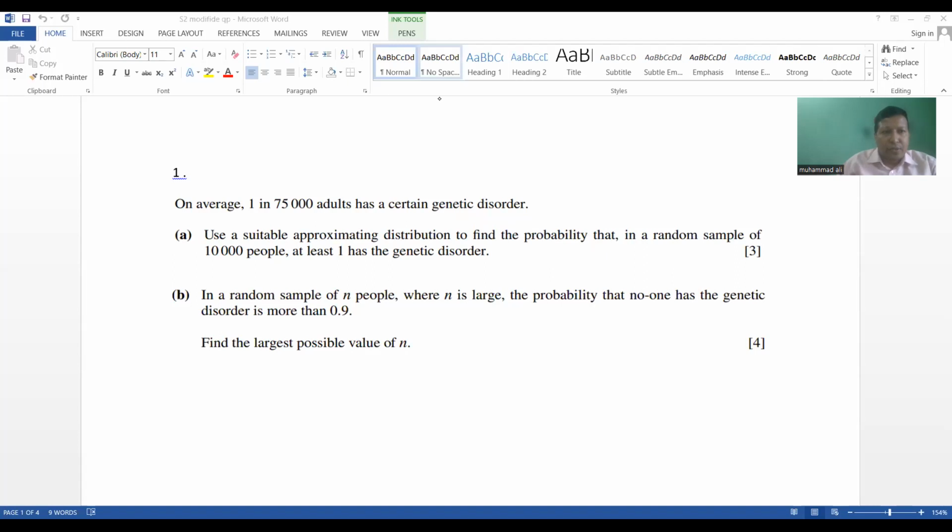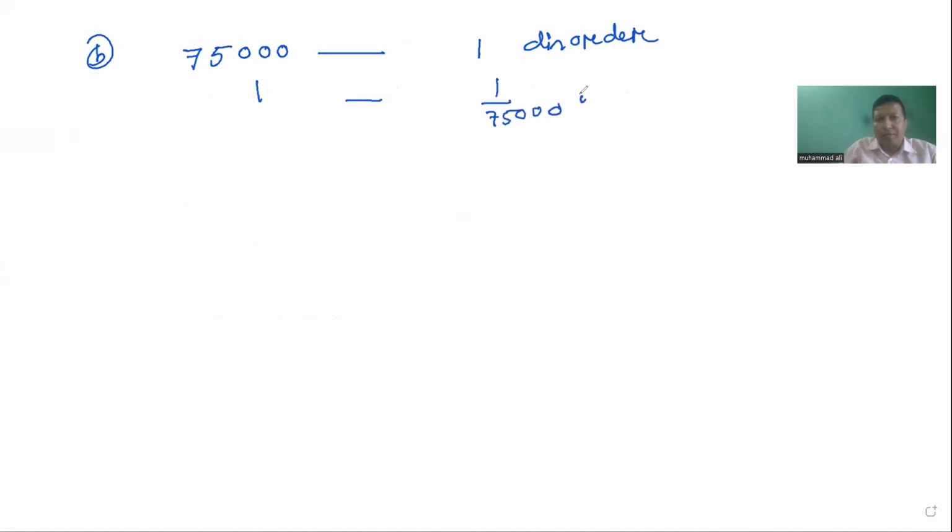Okay, so B number, again we will write: for 75,000 people, one has the genetic disorder. For one person, it will be 1 by 75,000. So for n people, how many have the disorder?